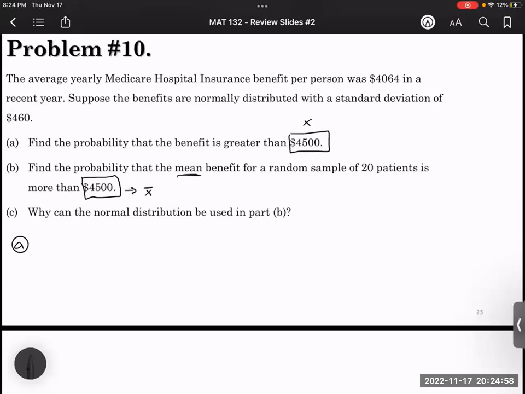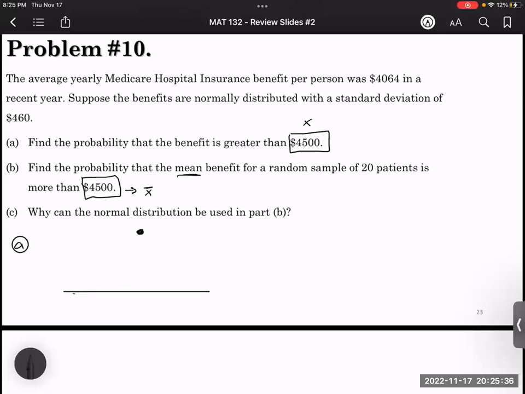What do I know about the distribution of the benefits? What does it say in the word problem? It's a normal one. It's a non-standard normal distribution.